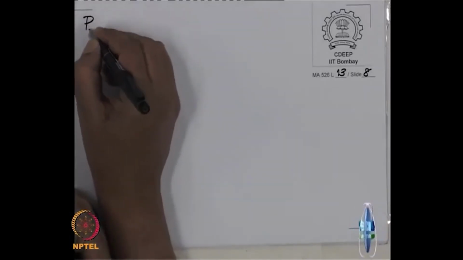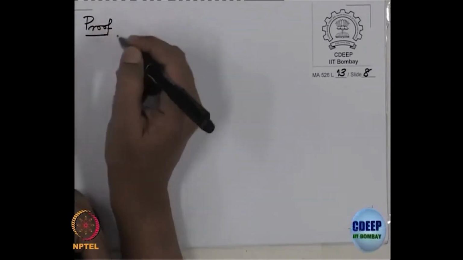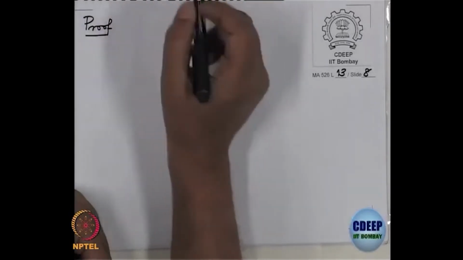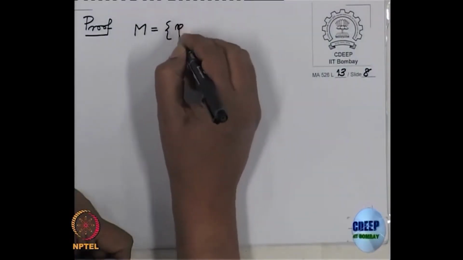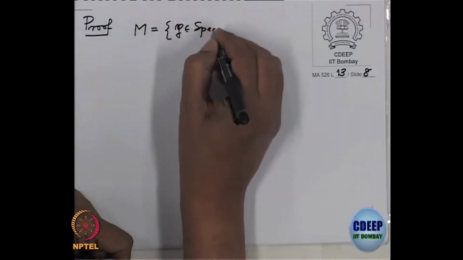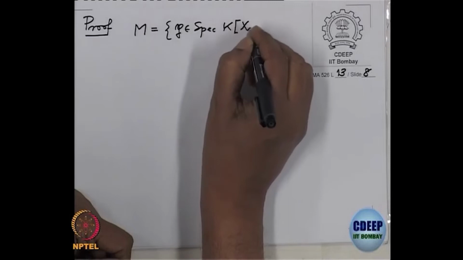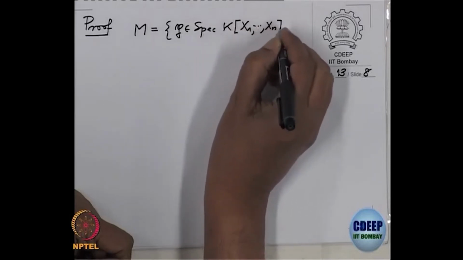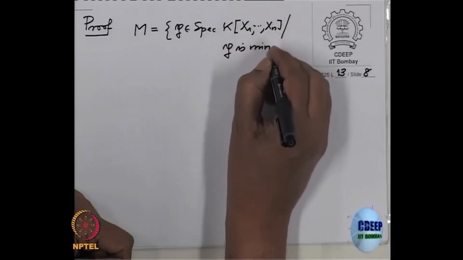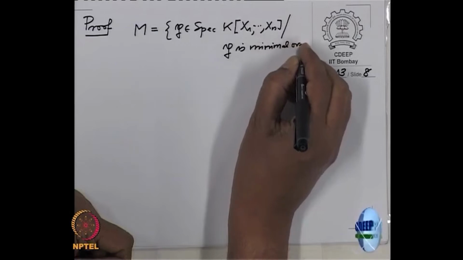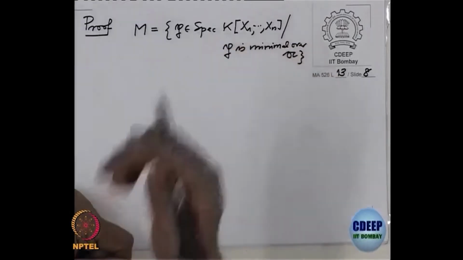Proof. As I said, I will always make use of the identification that I mentioned above. So let me write M equal to all prime ideals P in K[x1, ..., xn] such that P is minimal over A. This is a finite set.